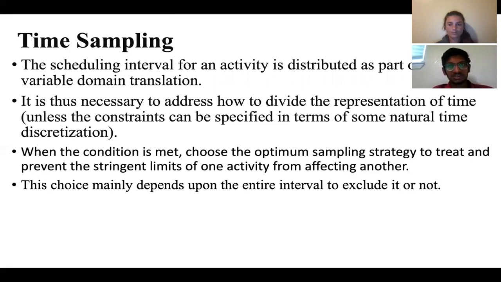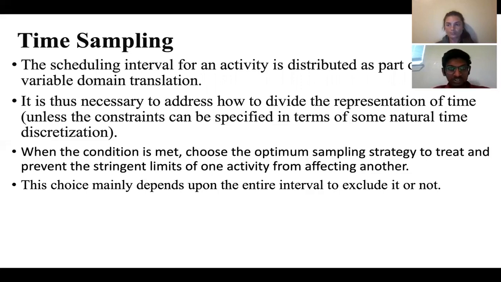So it is necessary to address how to divide this representation of time when we compare it with the natural time discretization. If the condition is met, then we will choose the optimal sampling strategy to treat or prevent the stringent limits for each particular activity, so that it won't affect the other activity that is going to take place after this. So this choice mainly depends upon the entire interval, whether excluding it or not.